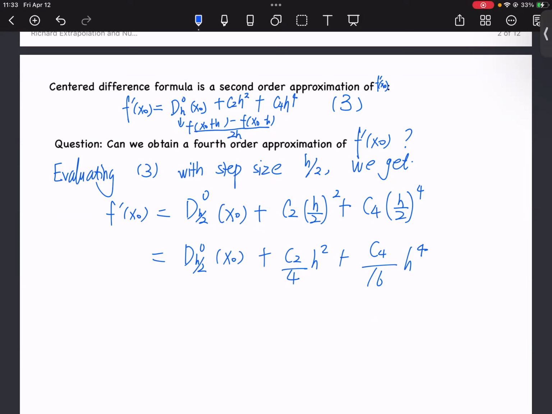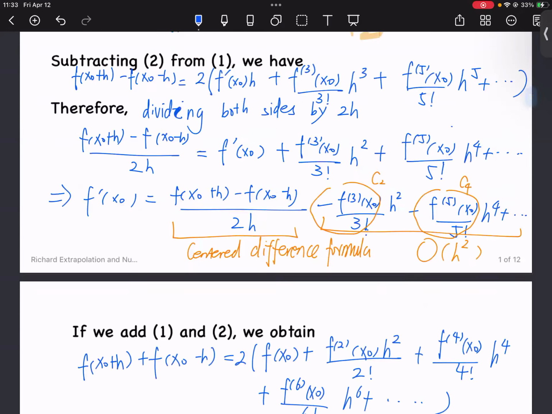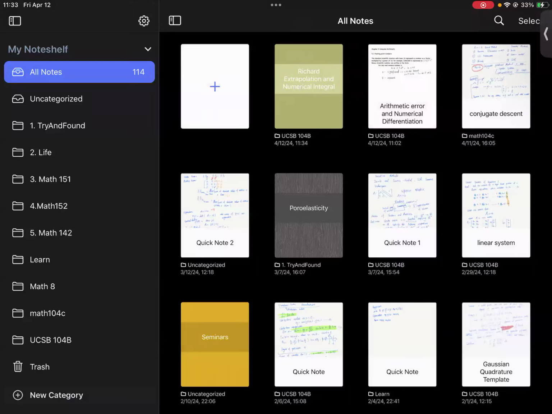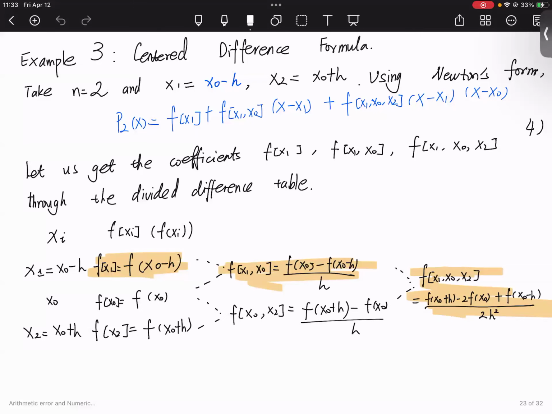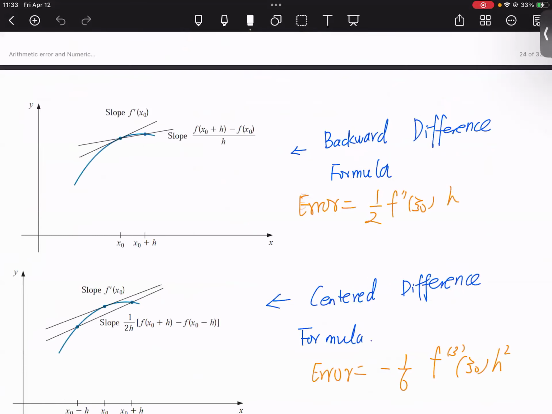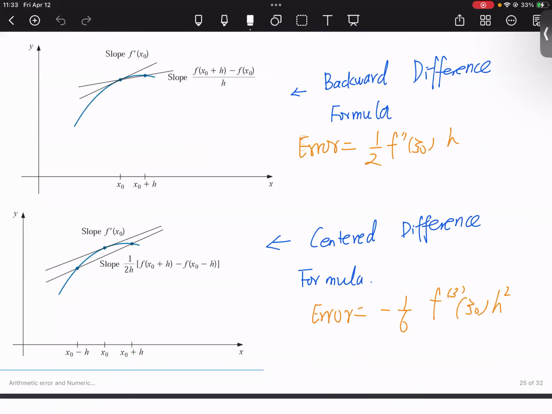The notation's meaning. So let's go back to here. I'm going to draw you a picture. Go back to the previous lecture. This is the picture.